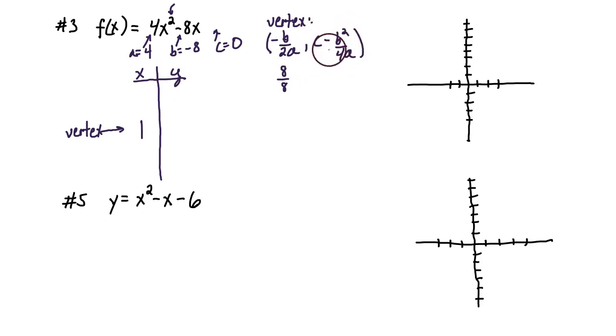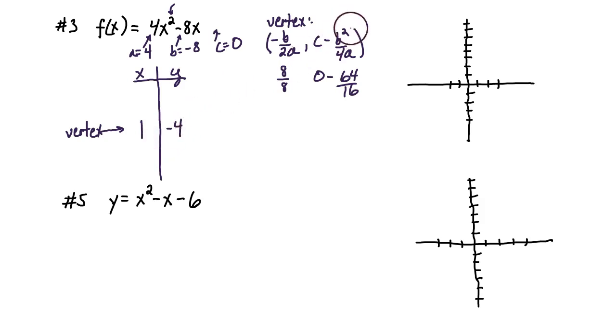Using this formula, C is 0. B is negative 8, so negative 8 squared makes 64. And then 4 times A, but A is 4, so 4 times 4 is 16. 64 divided by 16 makes 4, and 0 minus 4 is negative 4.